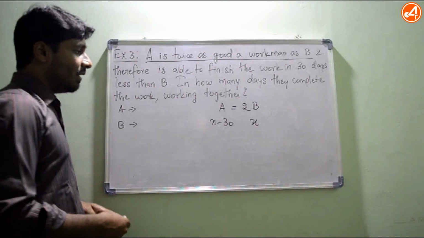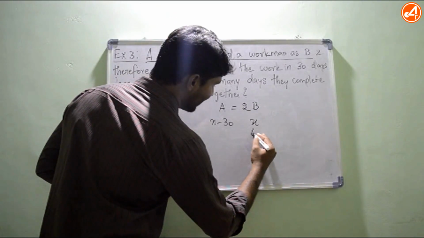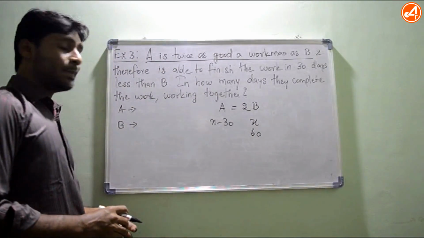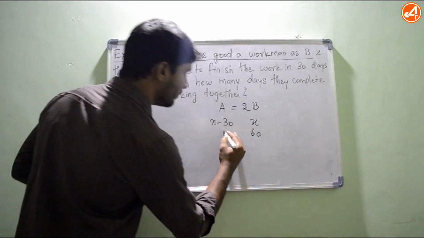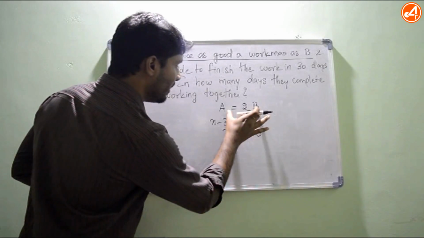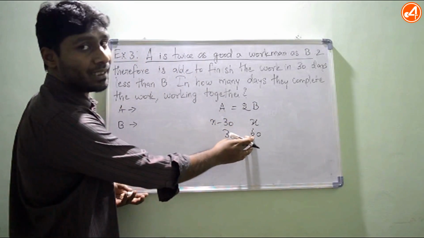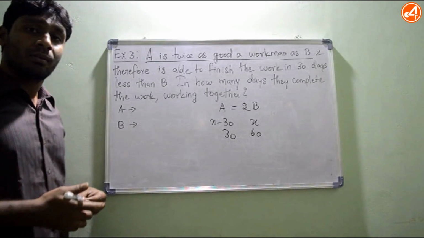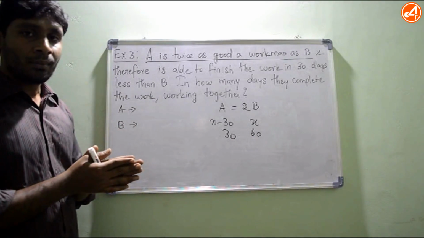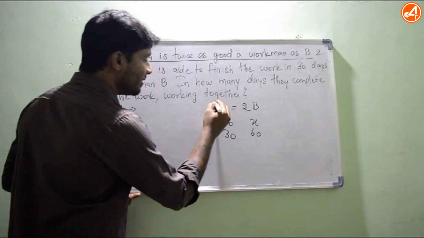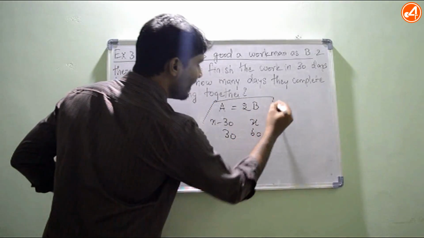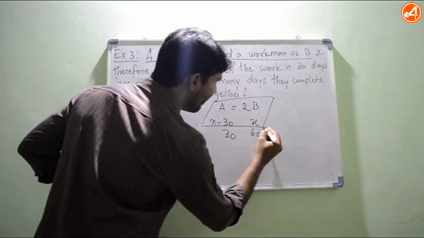Okay, for example, I take X equal to 60. What happens to X minus 30? It becomes 30. Again compare with the first point: A equal to 30 and 2A equal to B, which is 60. Is it getting tallied? It's tallying perfectly. So from these two given points, I just have to guess the number of days.